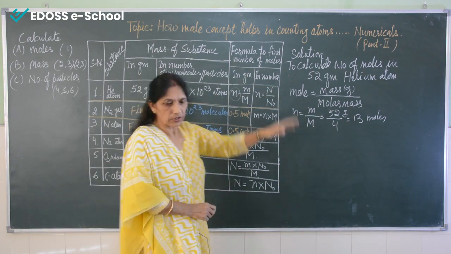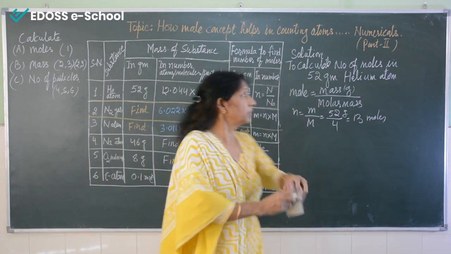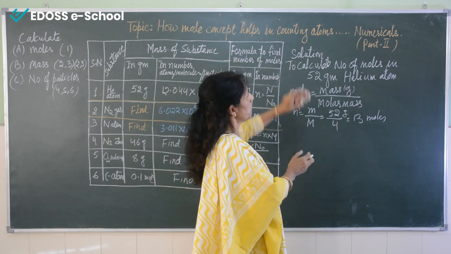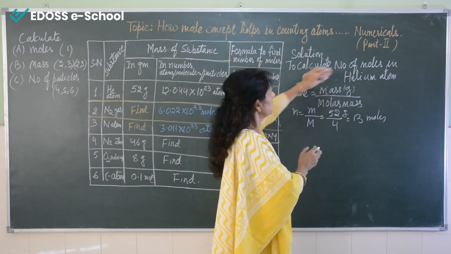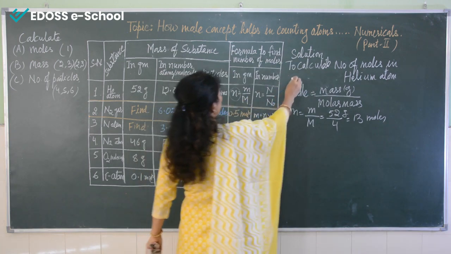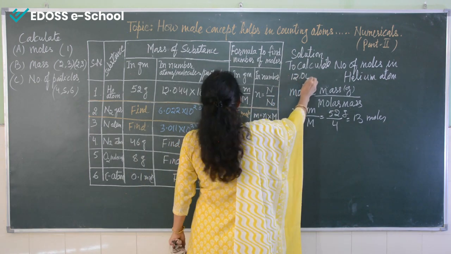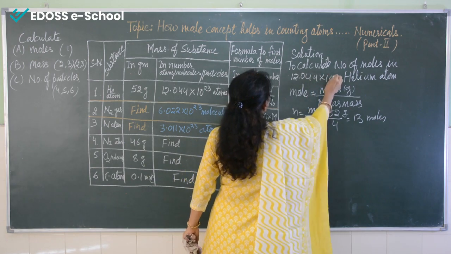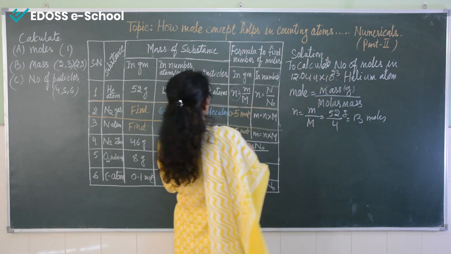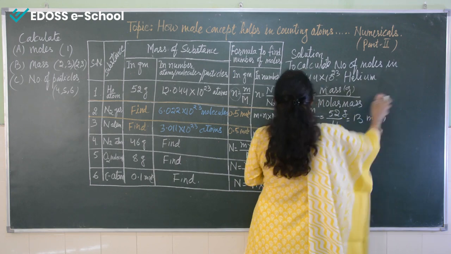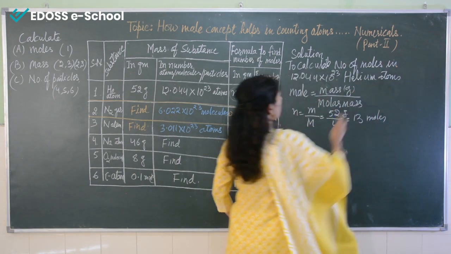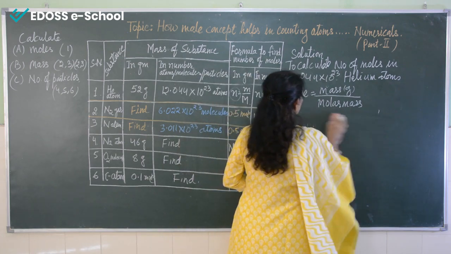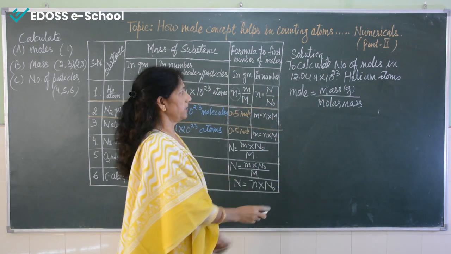The question is to calculate the number of moles in 12.044 into 10 raised to power 23 helium atoms. Now how will we do it? Same question, same approach.